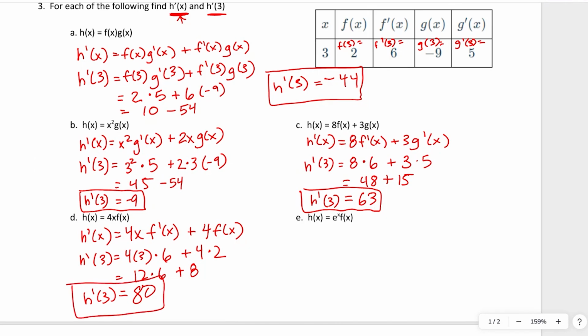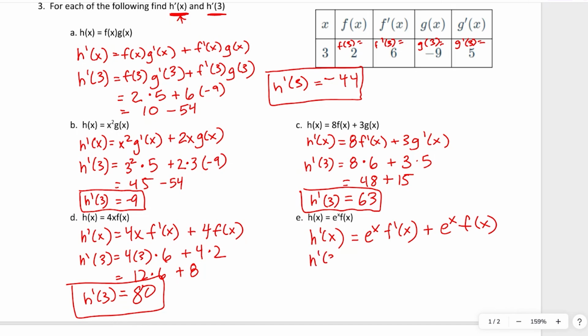For letter E, I'm going to use product rule one more time here. First function is e to the x. The second function is f. The derivative of e to the x is just e to the x, and then we're going to multiply that by f of x.